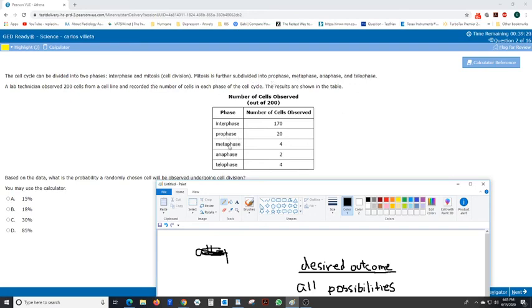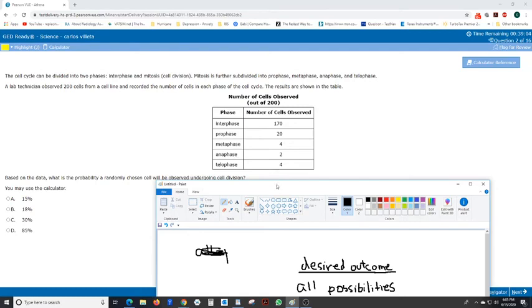So these four are cell division. Interphase is not cell division.